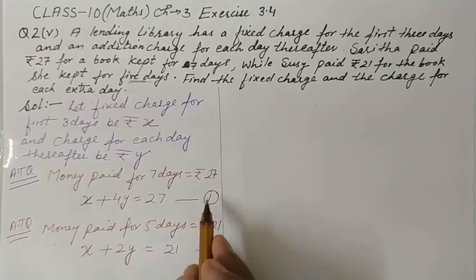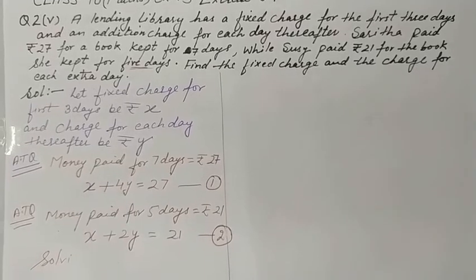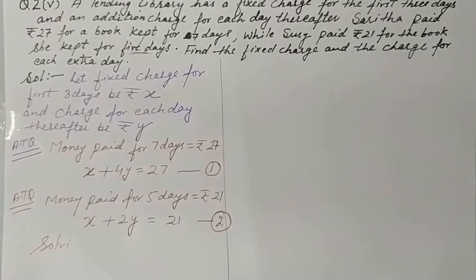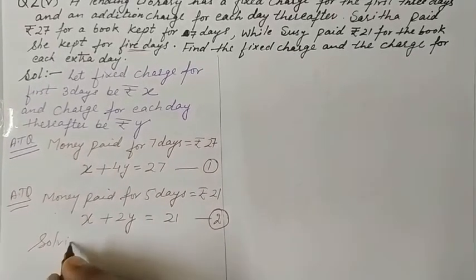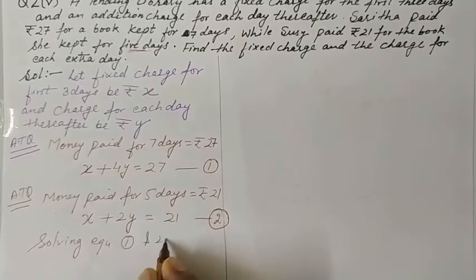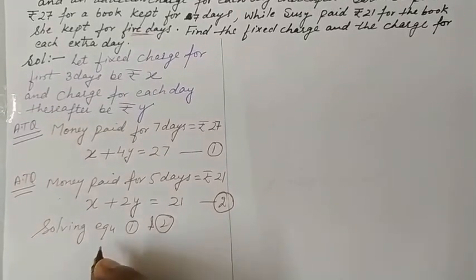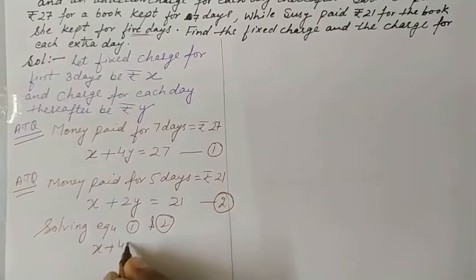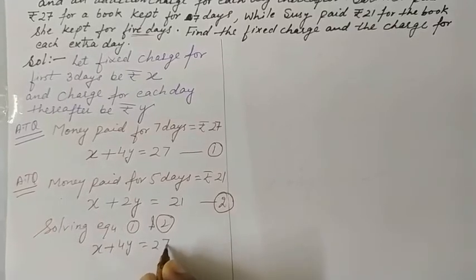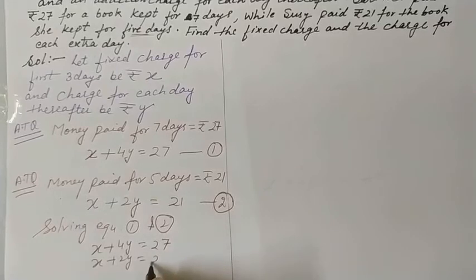Now we will solve equations 1 and 2. So we'll write, solving equations 1 and 2: the first equation is X plus 4Y is equal to 27, and the second is X plus 2Y is equal to 21.